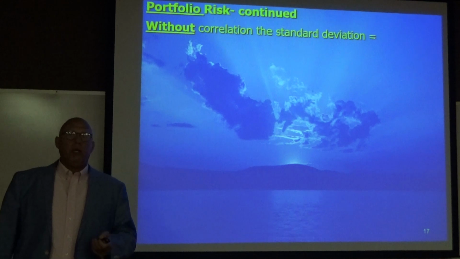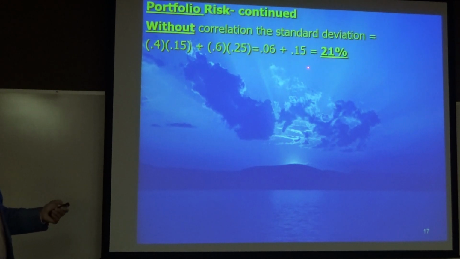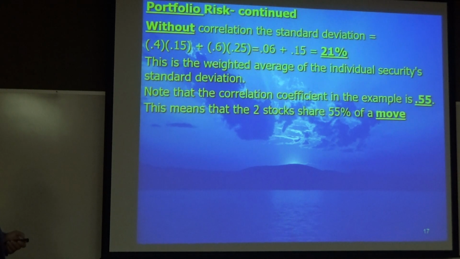Without factoring in correlation, let's take a look at the standard deviation, 21%. This is the weighted standard deviation, 21%. By combining these two assets that have a correlation of less than 1, we move the standard deviation of the portfolio from 21% to 19%. Now, if the weightings were different and or the correlations were different, our expected standard deviation would change as well.